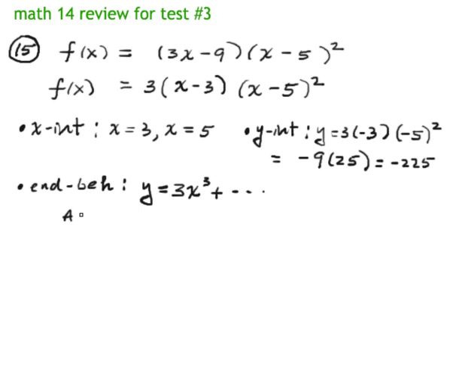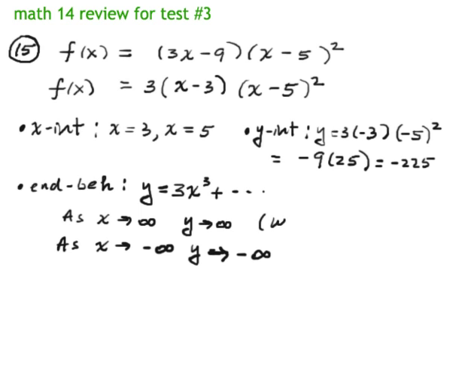So as x goes to infinity, 3x cubed goes to infinity as well, so we'll write y goes to infinity. And as x goes to minus infinity, 3x cubed also goes to minus infinity, so we'll write y goes to minus infinity. So in other words, that means up on right, and down on left.